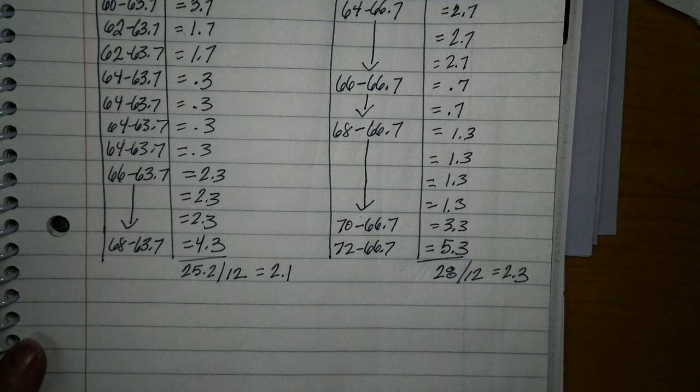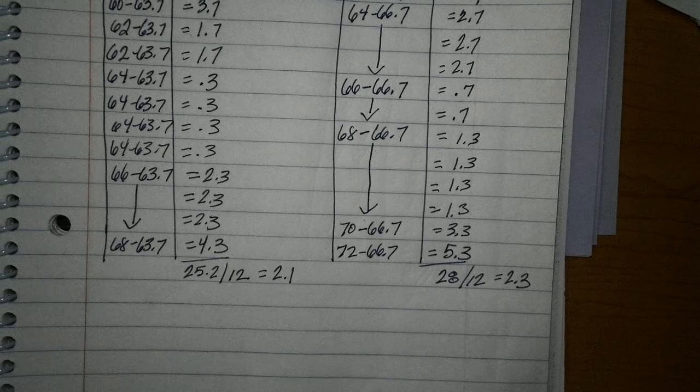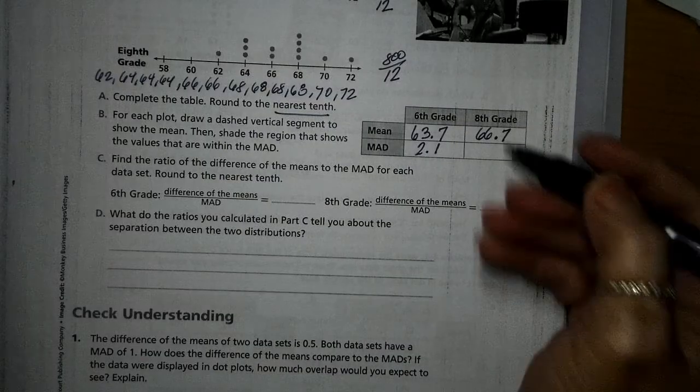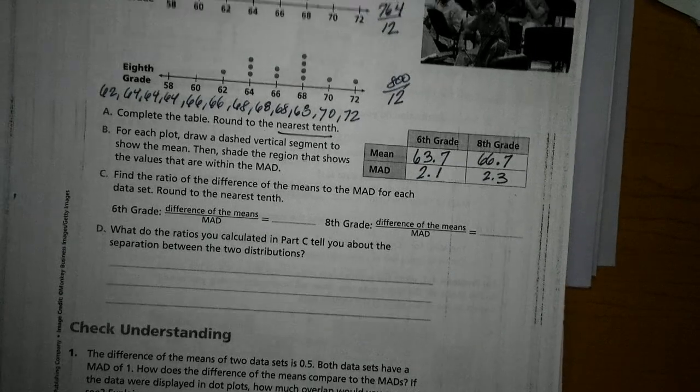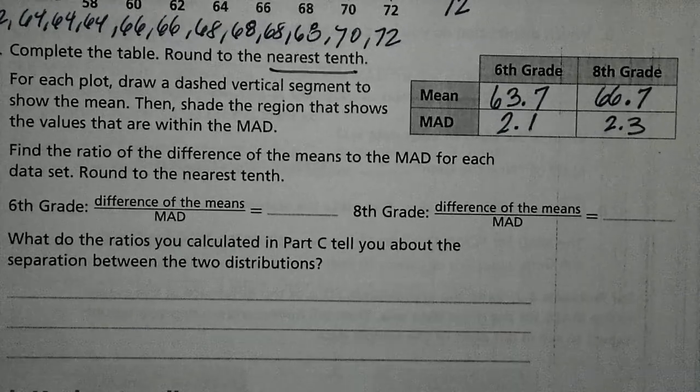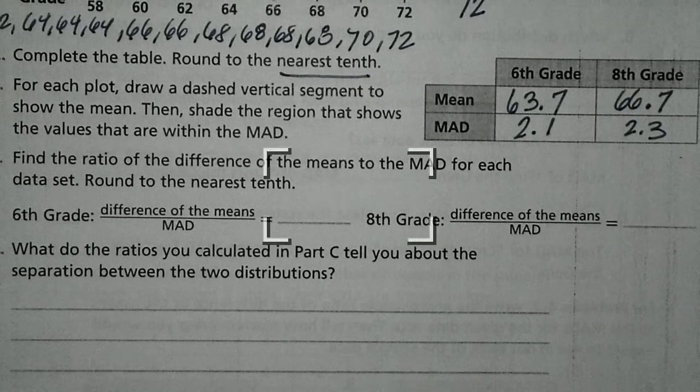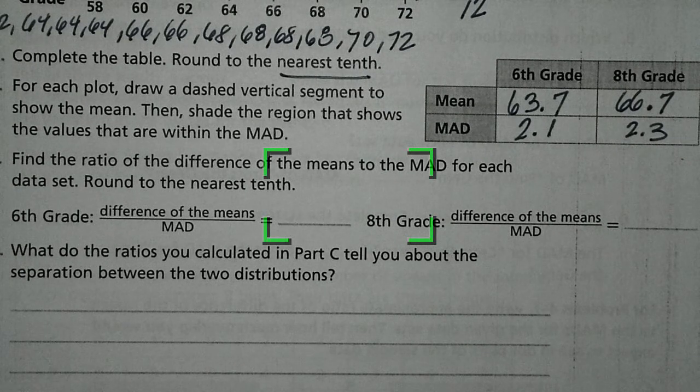So I get 2.3 is the MAD. All right, so 2.3. Now, hopefully you notice the MADs are different. So my ratios are going to be different.